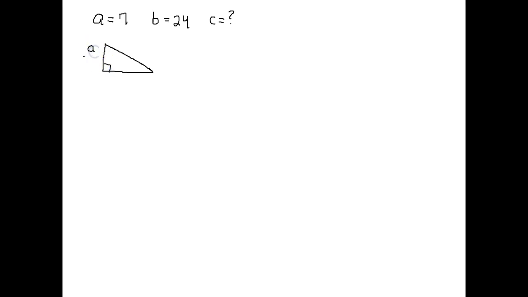Side A is the 7 units, side B is the 24 units, and side C is the unknown. Well, since we are dealing with the right triangle, we know that a squared plus b squared equals c squared. So a is 7, so 7 squared, plus b is 24, so 24 squared, equals c squared.